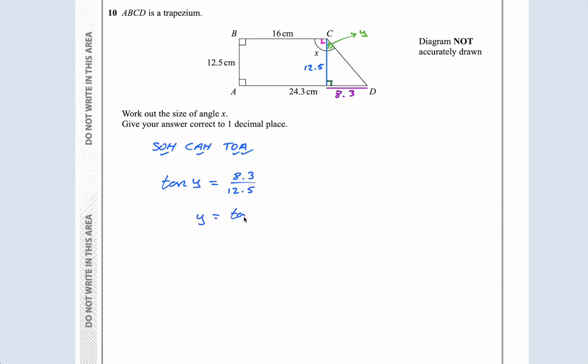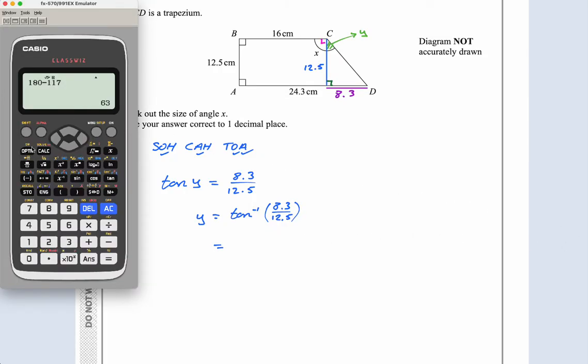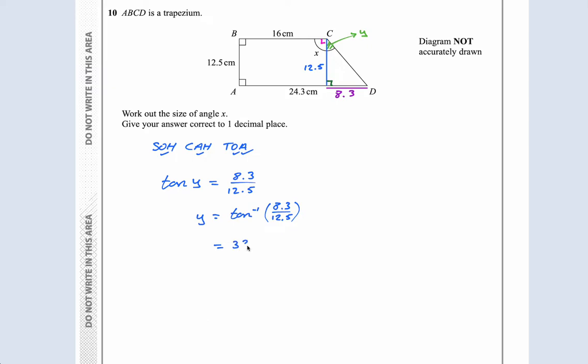And then I can go straight to y. It's the inverse tan of 8.3 over 12.5, which is 33.58. Now I'm not going to round yet, guys.